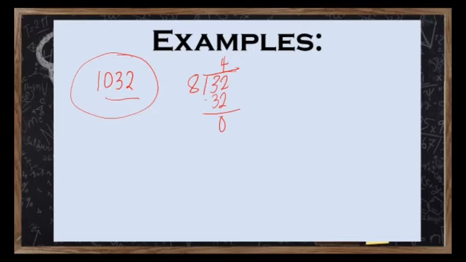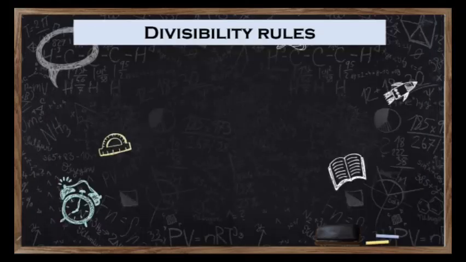Okay, another example. We have 4,056. The last 3 digits here are 056, so 56. 56 is also divisible by 8. So therefore, 4,056 is also divisible by 8.